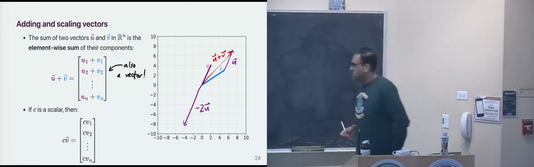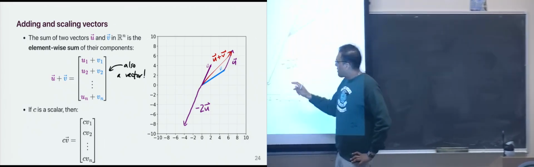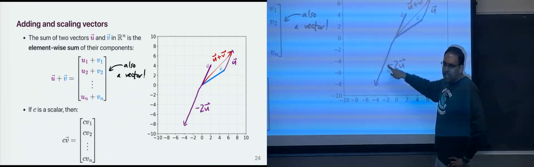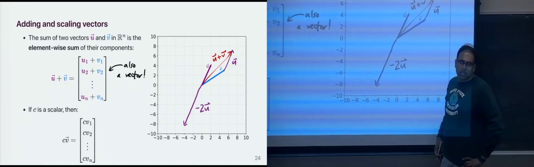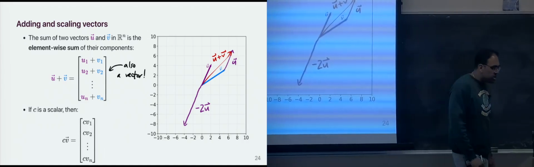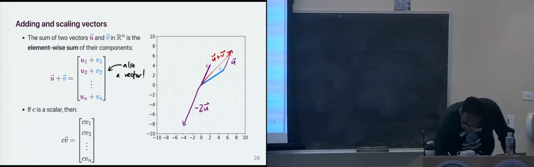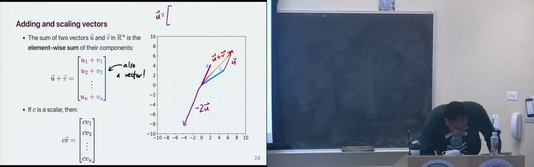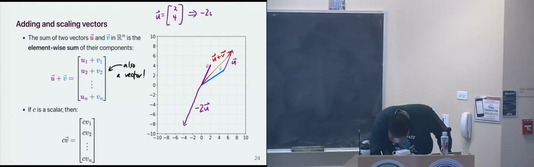That's how to interpret this graphically. The 2 means it's twice as long, and the negative means it's in the opposite direction. And so, if u is 2 and 4, negative 2u might look something like negative 4, negative 8.